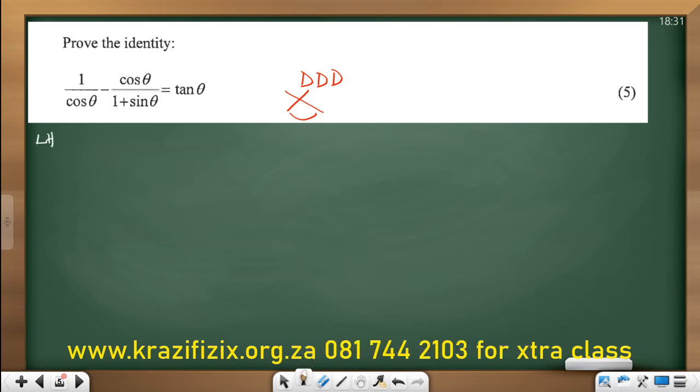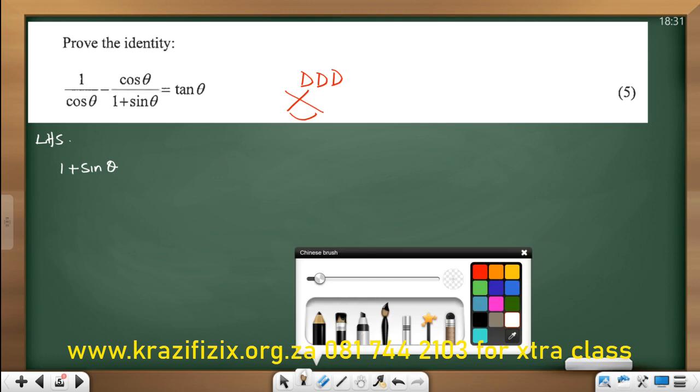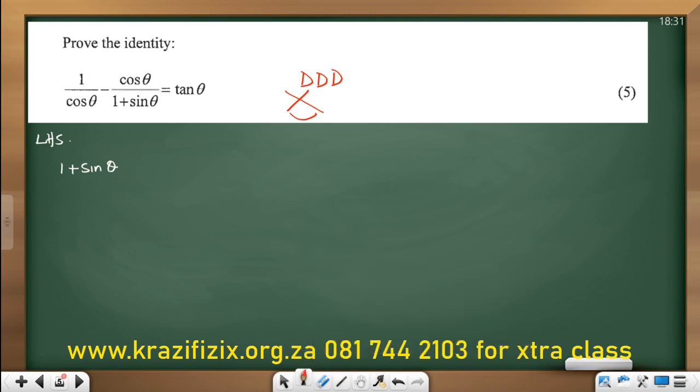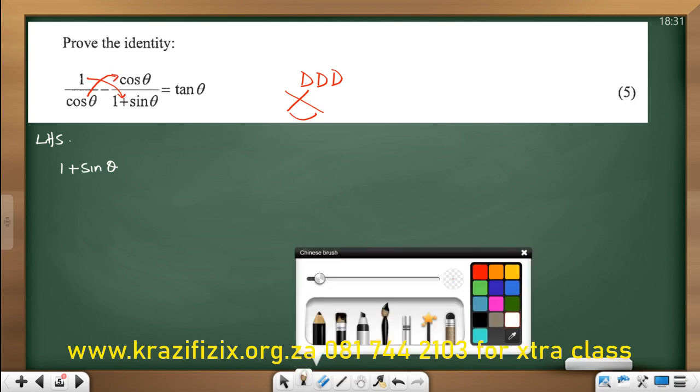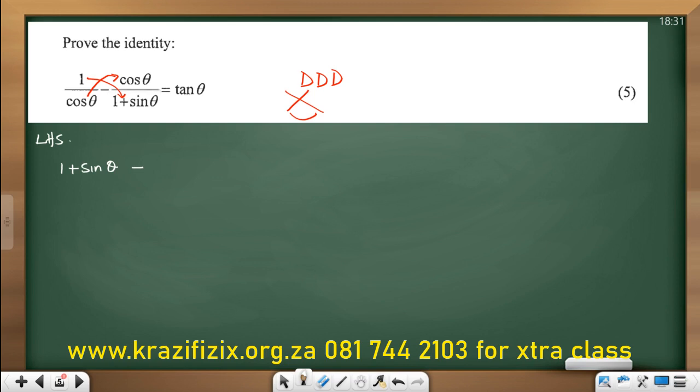Left hand side, let's multiply. The top left times the bottom right. 1 times 1 plus sine theta will give us what? 1 plus sine theta. Please follow my lead. I am multiplying this and that. Then I'm going to multiply this and this. But there's a minus in between them. Minus. Now what is cos theta times cos theta?